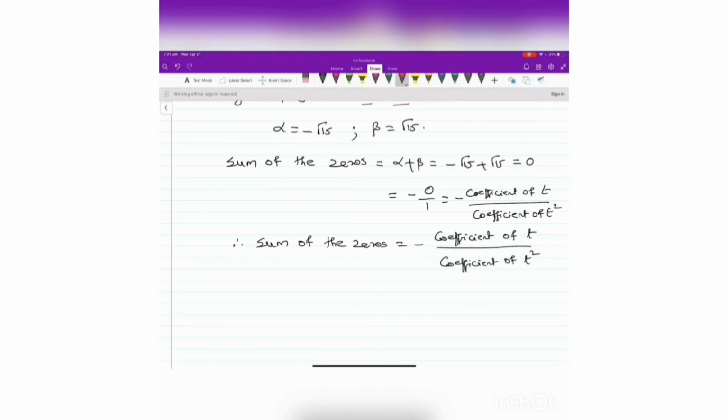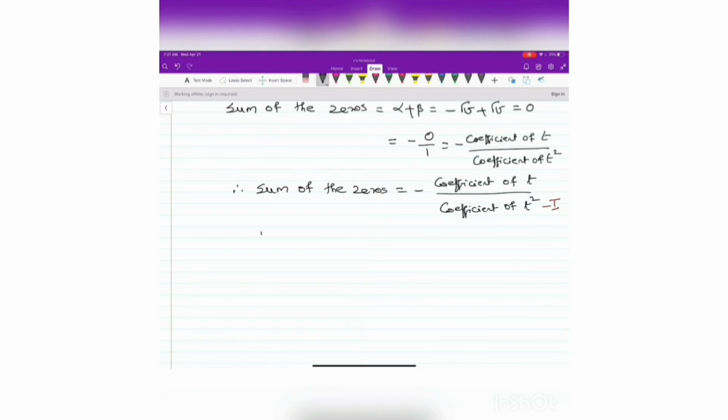Okay, what will happen to the product of the zeros? Anyway, the result what we verified now, let us take it as 1. Product of the zeros is equal to alpha beta, which is equal to, we took alpha as minus root 15 into root 15, which is nothing but minus 15.